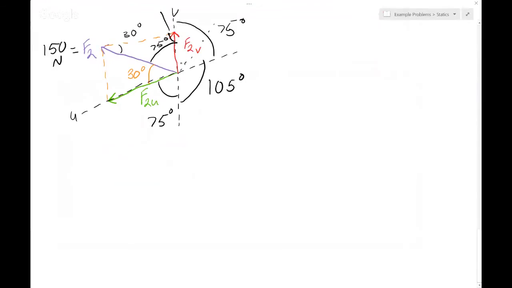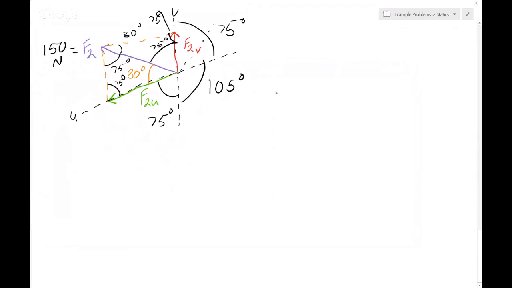This leaves this angle here in the corner to be 75 degrees as well, which means that since this triangle is just this triangle opposite, this will end up being 75 degrees, and this will end up being 75 degrees. So now that we have all the angles for this, and we know our force 2, we can once again just use the law of sines to set up everything and solve as needed.